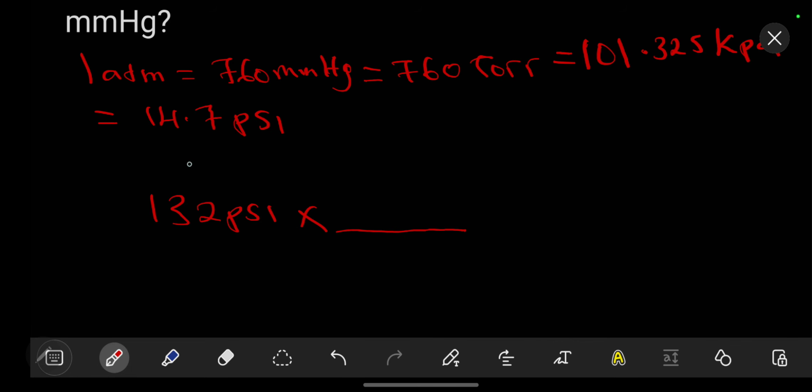We know that 14.7 pounds per square inch is equal to 760 millimeters of Hg.